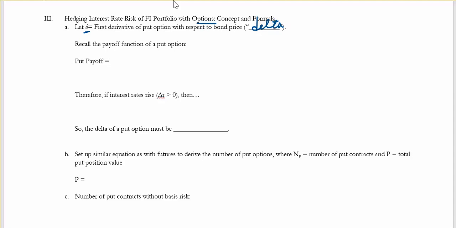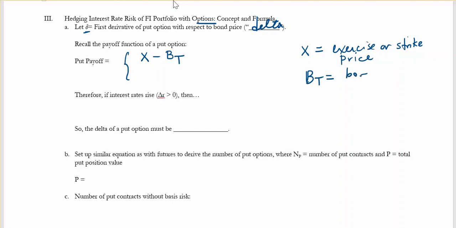Now recall, a put option has this payoff structure where, and let me define things, X is called the exercise or strike price, meaning this is the price that you have the right to sell at, and B sub t is the bond price at, say, delivery or expiration of the contract, okay? And the expiration date will be t.